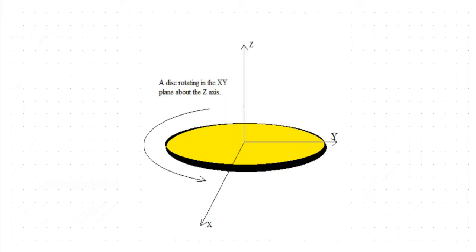See, this is the z-axis, right? Now rotate this disk along the z-axis. When I rotate, only this z-axis will remain at its own place. Only this x-axis and y-axis will change in the form of a disk. So this is the disk rotating in the xy plane about the z-axis.